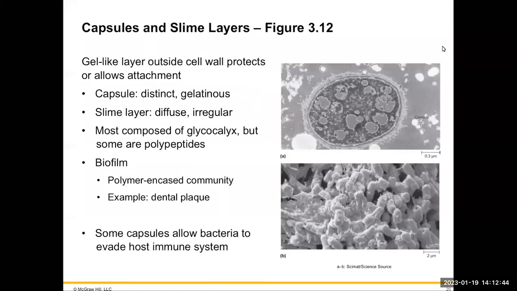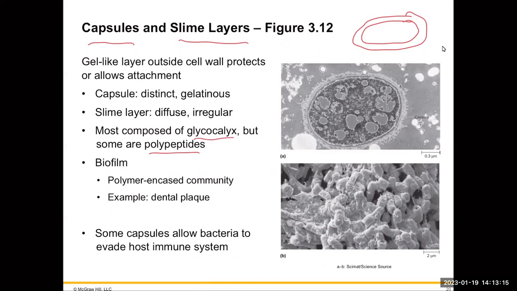Okay, now on the outside of bacteria, outside the cell wall, some bacteria have a layer outside of that, and it can be called a capsule or a slime layer. Usually they are sugars and they're kind of sticky. But some of them are proteins.